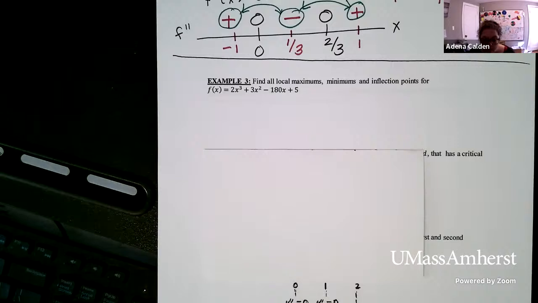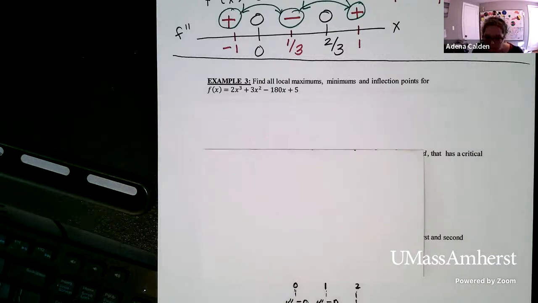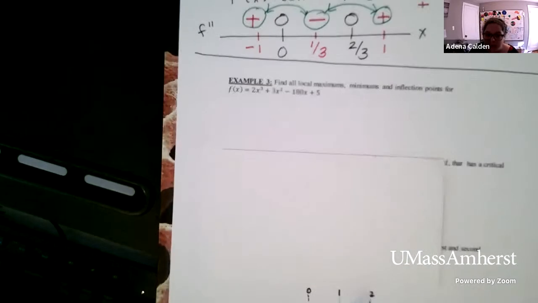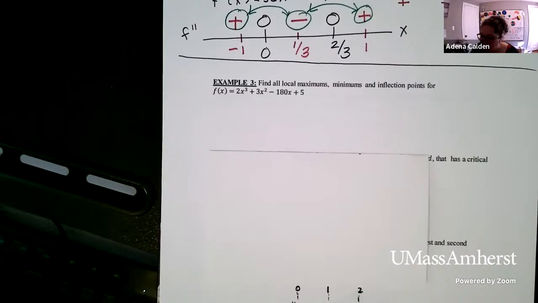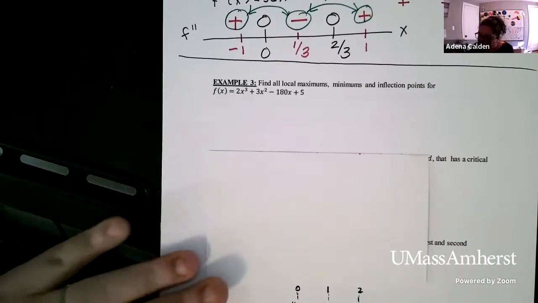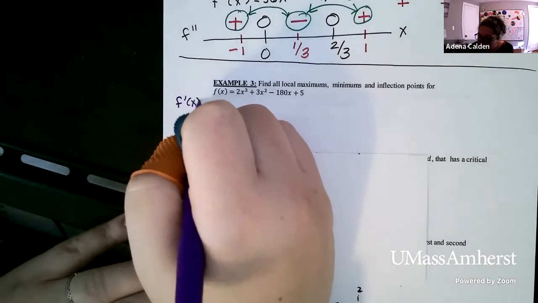Okay. So one of the things that really is going to help us here is to try to stay organized with all of our work. So I'm going to do my best to stay organized, but I encourage you to think about how you can write up your work in a way that you can easily go back and check things if you need to. So I'm going to start with the first derivative.